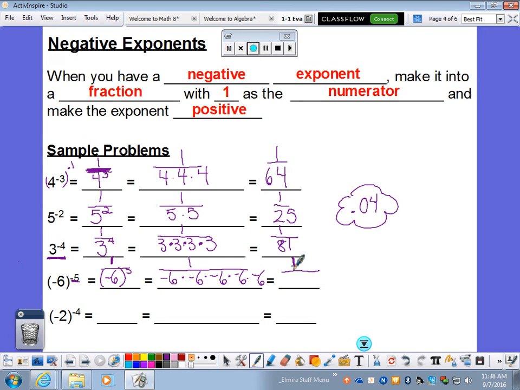Okay, odd exponent, odd number of negative signs. So I know this is a negative number. But 6 to the 5th power is not something I can do in my head. So I'm going to get a calculator. 6 caret key 5 equals 7,776.